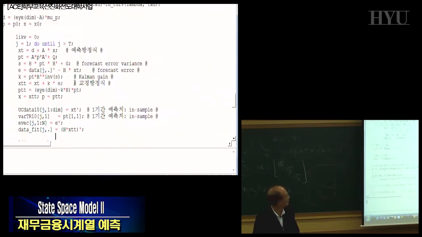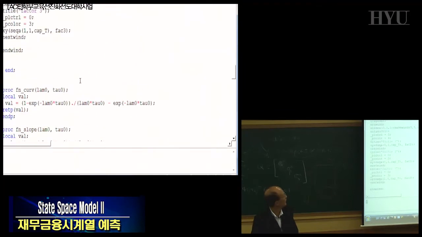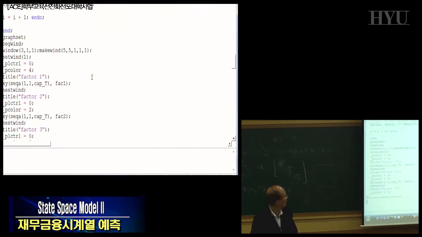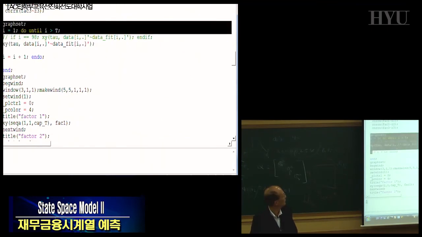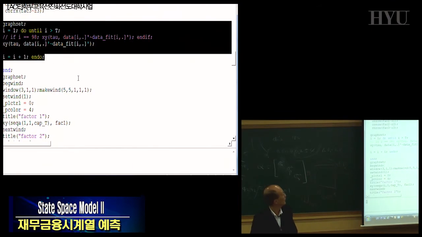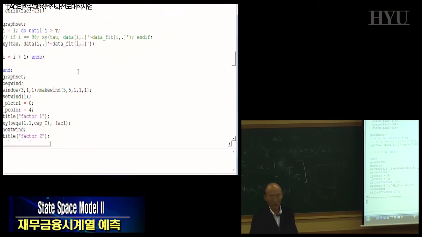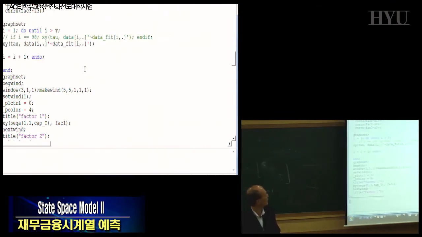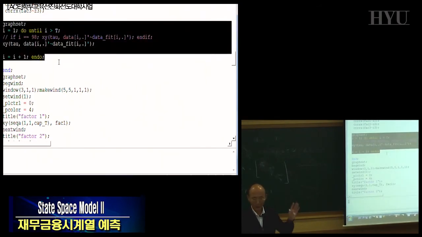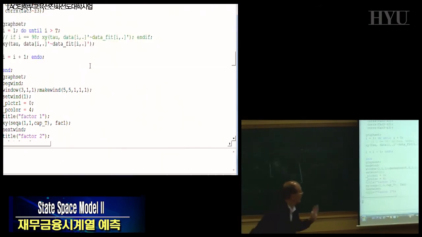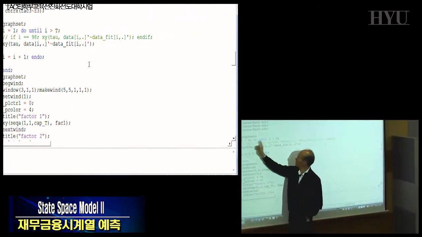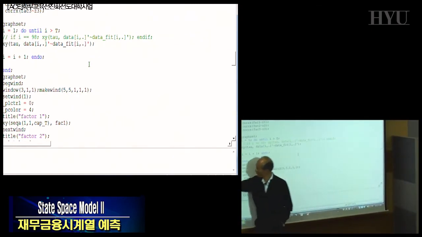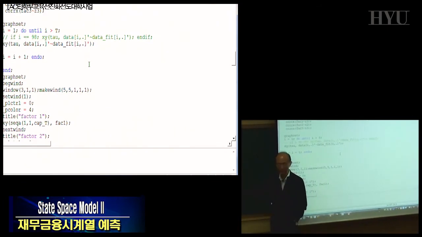That part was doing this one. If you're not so sure about what it does, then you can simply cut and paste and reuse it. But what I did was like this, starting from 1 through capital T.